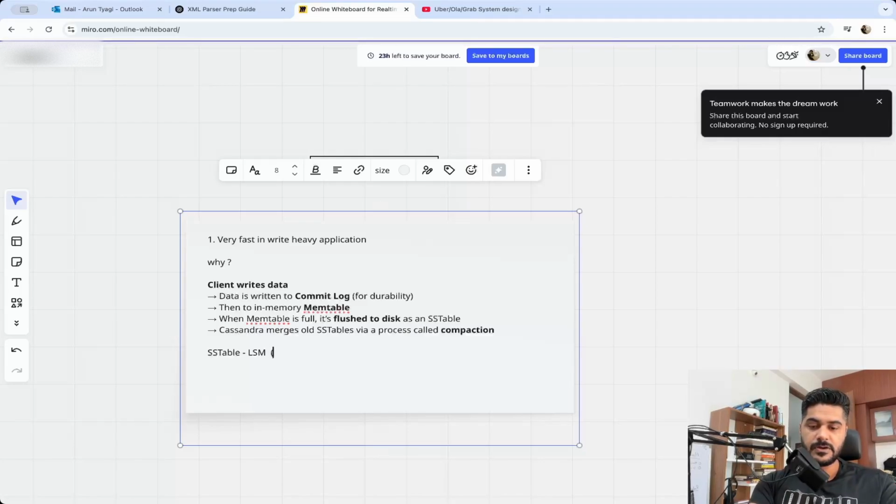Be it the major cloud technologies, Azure and AWS, they offer, like Azure offers Cosmos, under which it actually offers you Cassandra APIs as well, plus table storage, where you have the entire table, and you can use partition key, row key for fast read and write.